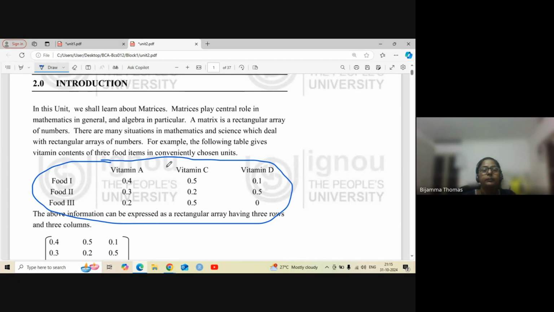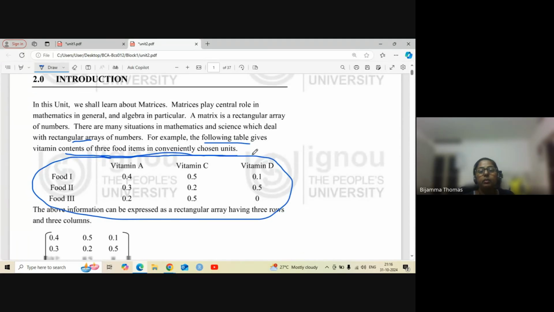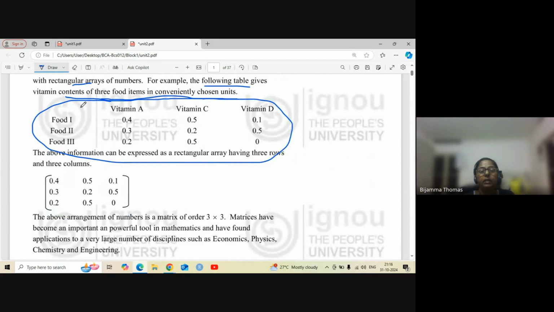See, in situation mathematics we deal with rectangular arrays. For example, the following table gives the vitamin contents of 3 food items in conveniently chosen units. See, 3 food items are there, with the corresponding vitamins, vitamin A, vitamin C and vitamin D. These are arranged in a rectangular array of numbers in rows and columns.